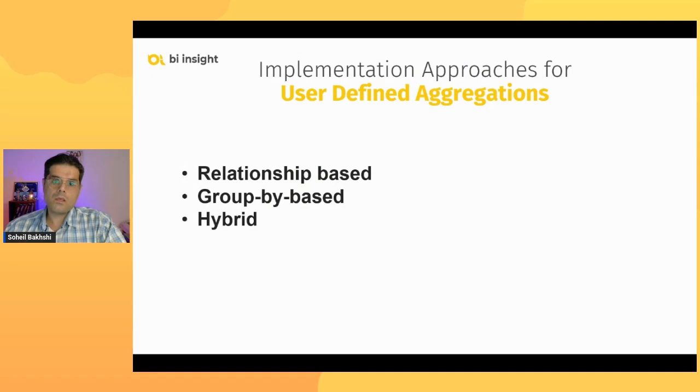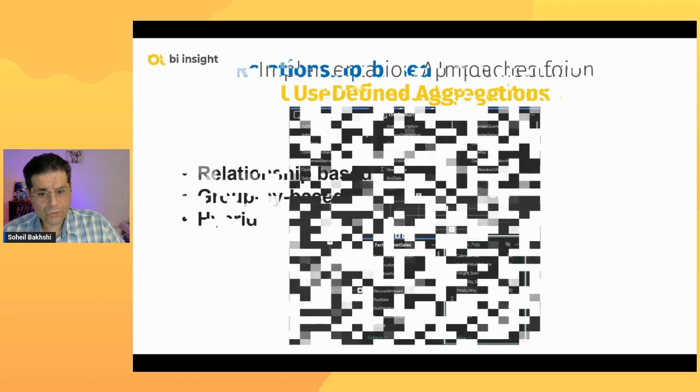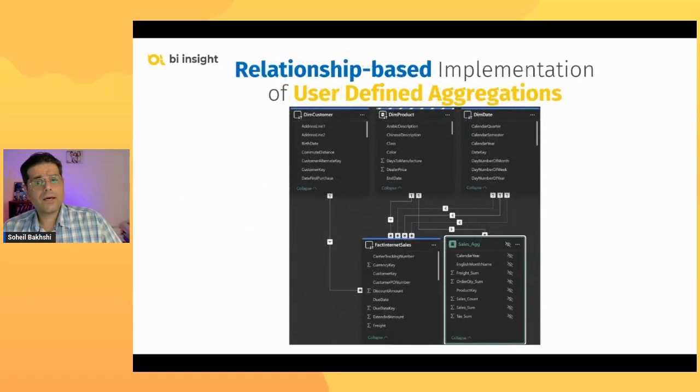All right. Now I'll go to the next one, which is different approaches of implementing user-defined aggregations. We have relationship-based, group-by-based, and hybrid approaches. The relationship-based, as the name resembles, is when we are working with relational data sources, and the data sources obviously support a querying language.